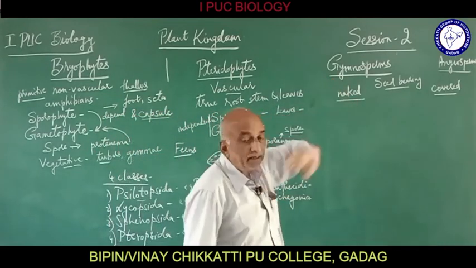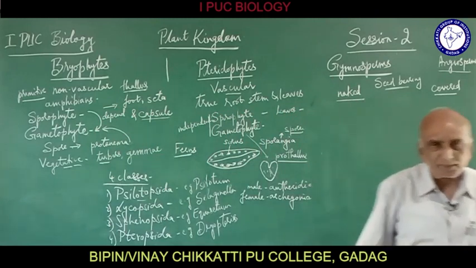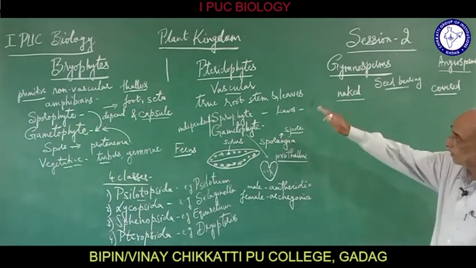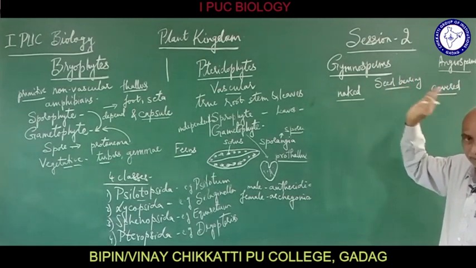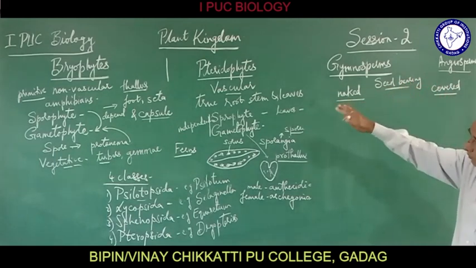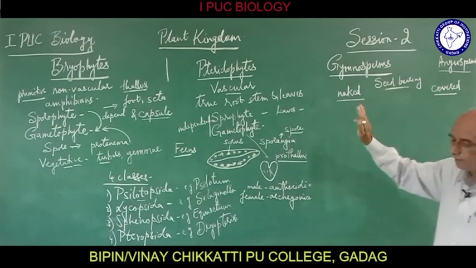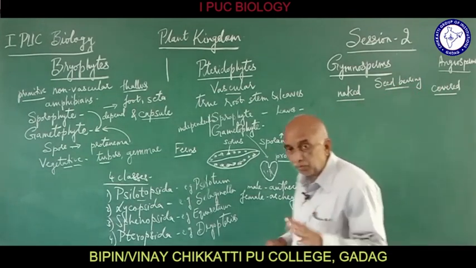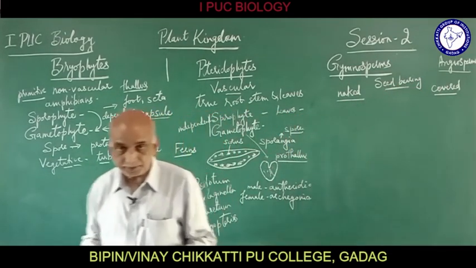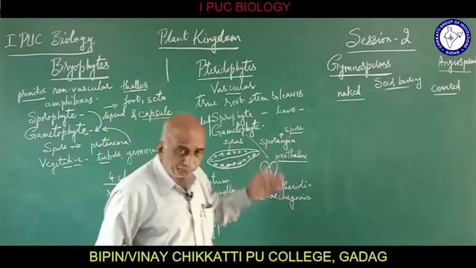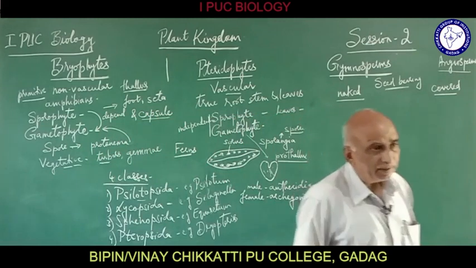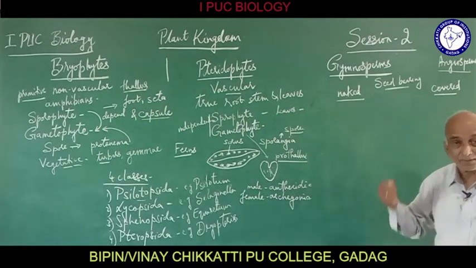So naked seed and covered seeds; vascular plants, that is common. Pteridophytes, gymnosperms and angiosperms, all these are vascular. They are well developed. And when we compare to the pteridophytes, gymnosperms grow very tall. Gymnosperms even grow up to several feet or several meters in height.